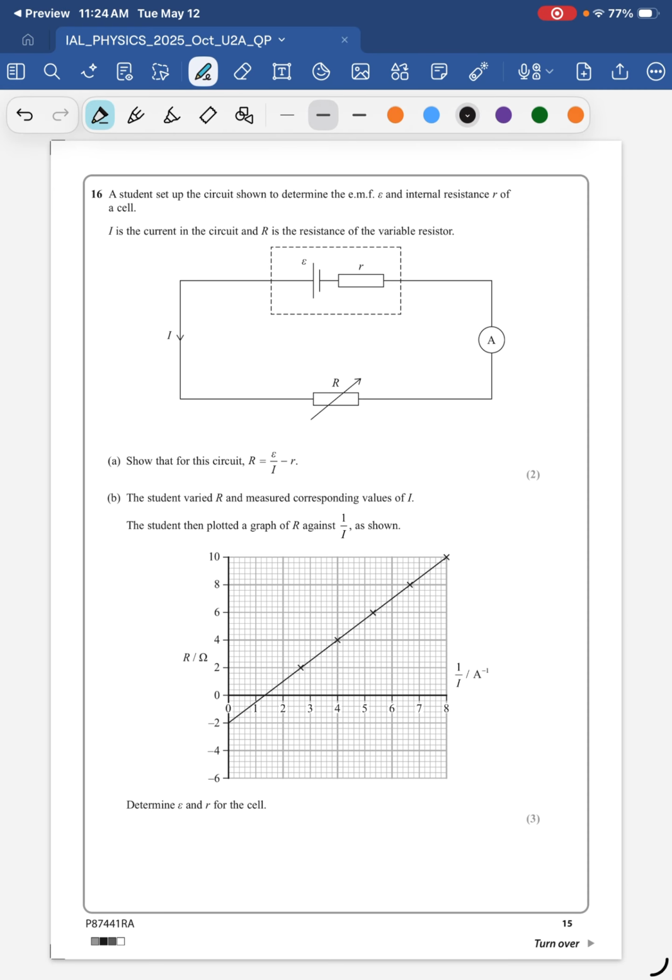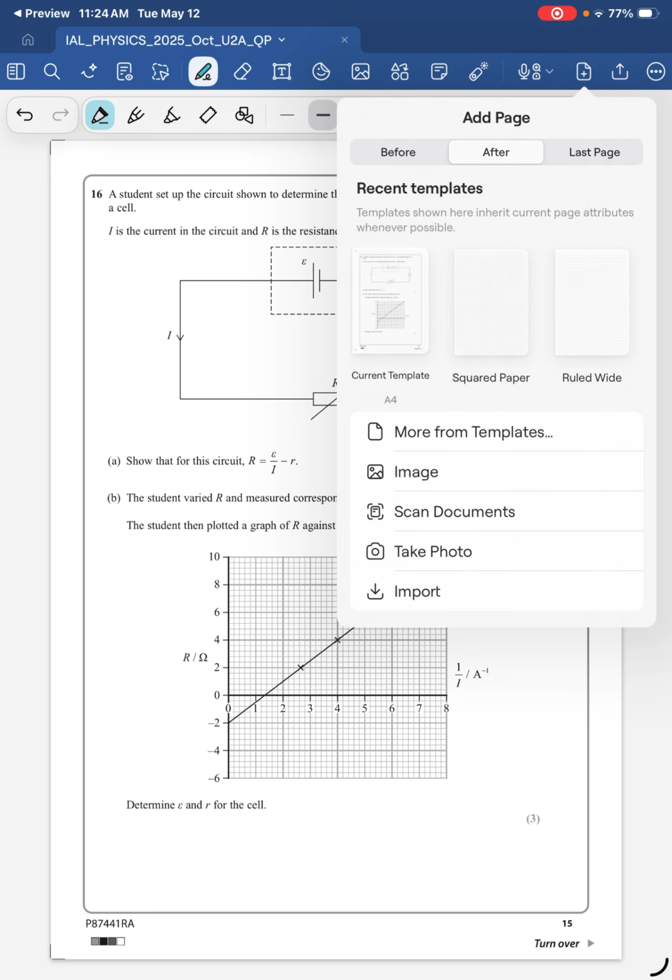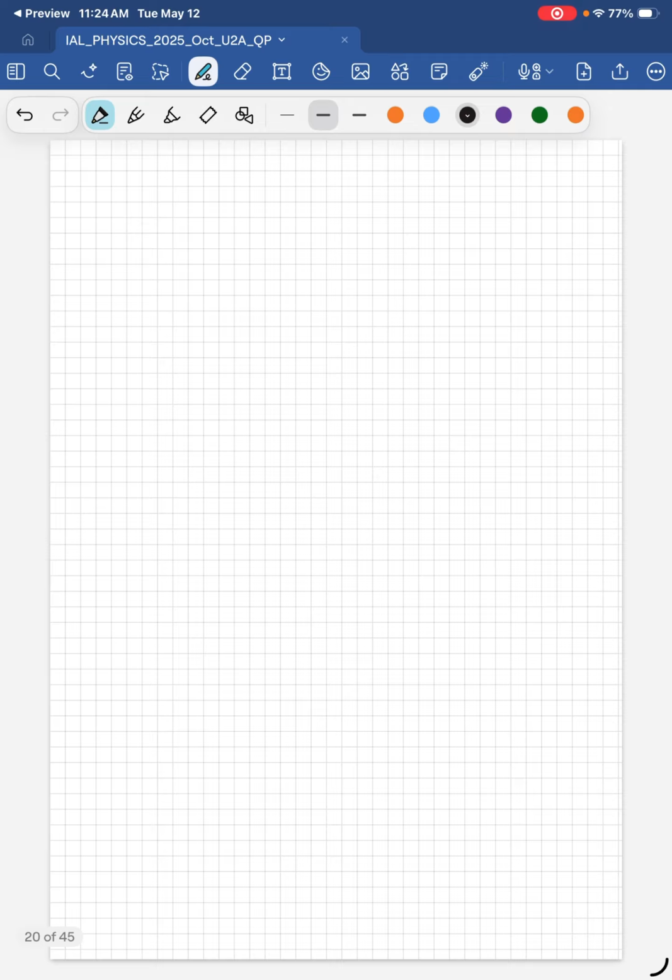Okay, a student set up the circuit shown to determine the EMF E and internal resistance r of a cell. I is the current in the circuit and R is the resistance of the variable resistor. Show that for this circuit, R is equal to E over I minus r. So let's use a clean page again. This is part A. The total resistance is simply R plus lowercase r, the internal resistance.